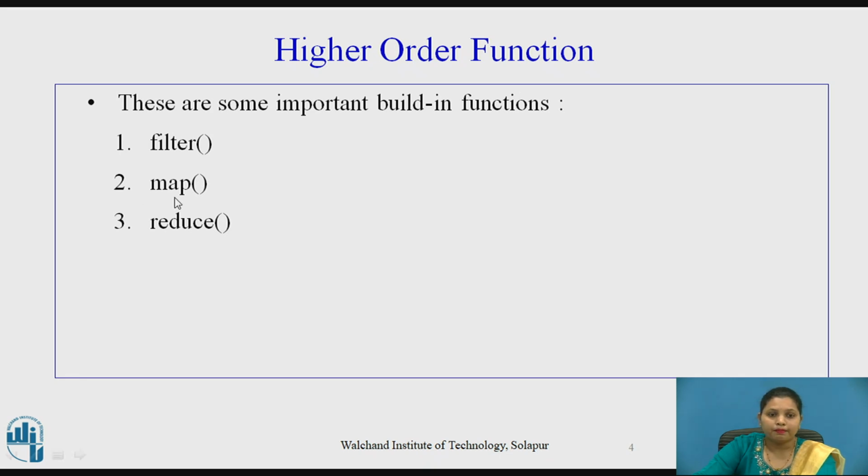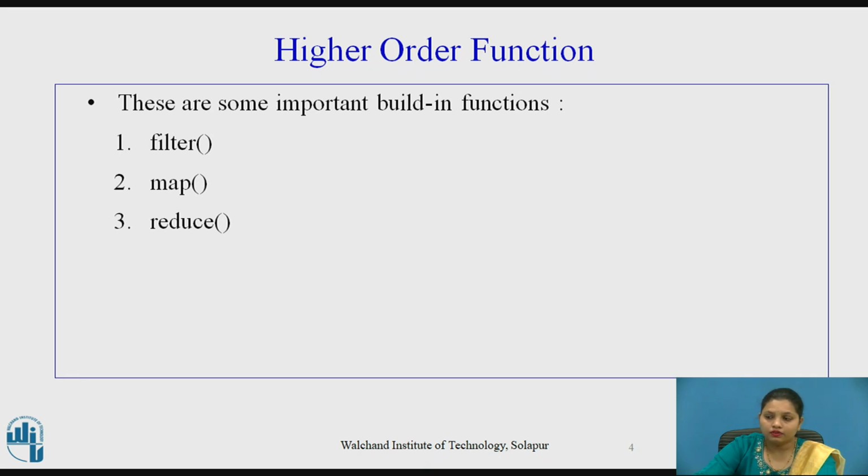Next, map. The map function is used to transform values in an iterable by applying a specified function to each element. It is useful when you want to perform an operation on every element of an iterable. Next, the reduce function. The reduce function is used to aggregate values in an iterable to produce a single output.